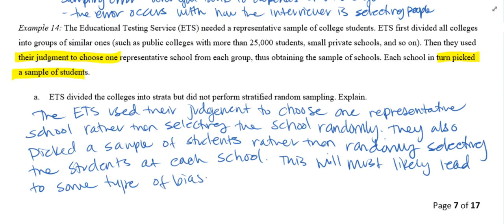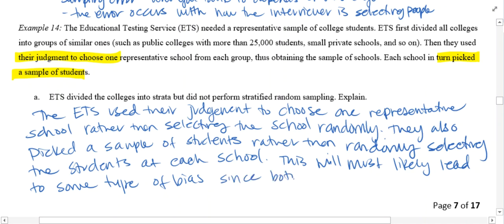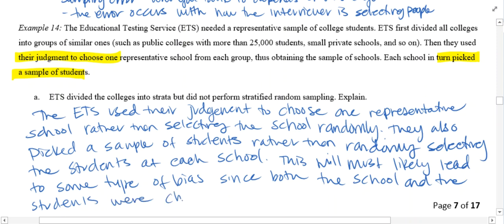So it's not necessarily going to be a sample that is representative of how all college students are doing. Okay, since both the school and the students were chosen without the use of randomization.